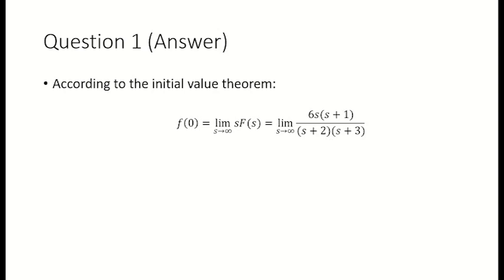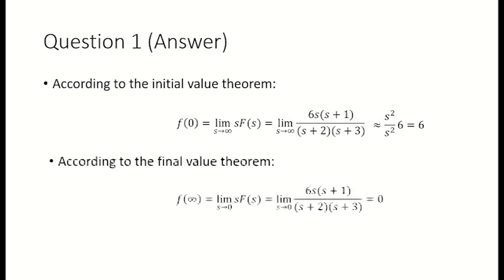So the initial value will become 6. To find f of infinity, you just find the limit as s approaches 0 of s times F of s. So basically for this one, you just replace all the s with 0 and you will find that f of infinity is equal to 0.